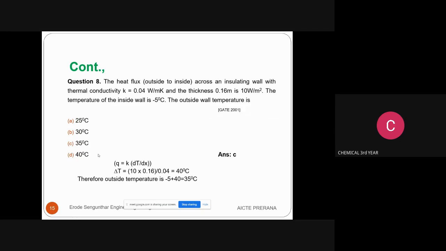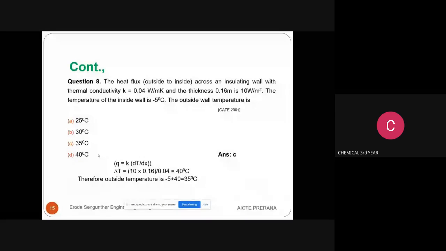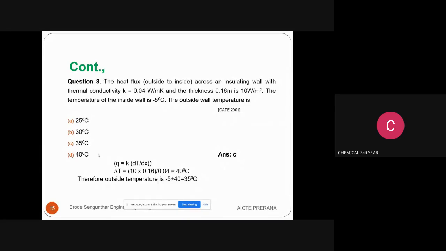Then the next question: heat flux across an insulating wall with thermal conductivity k equal to 0.04 watt per meter Kelvin and thickness 0.16 meter is 10 watt per meter squared. The temperature of the inside wall is minus 5 degrees Celsius. The outside wall temperature is?